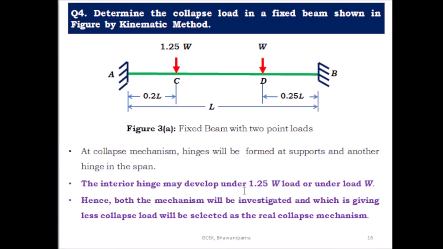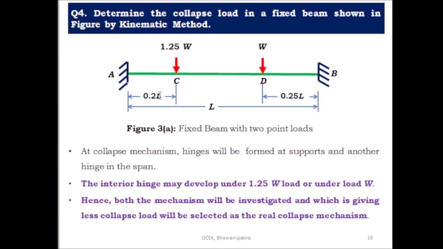The interior hinge may develop under the 1.25 W load or under the load W. Hence we have to analyze this case by considering both mechanisms. In the first mechanism, two hinges are at the two supports and one hinge is at the load point C. In the second mechanism, two hinges are at the two supports and the third hinge is under the load point D. Both mechanisms will be investigated, and the one giving the lesser collapse load will be selected as the real collapse mechanism for the loads 1.25 W and W.